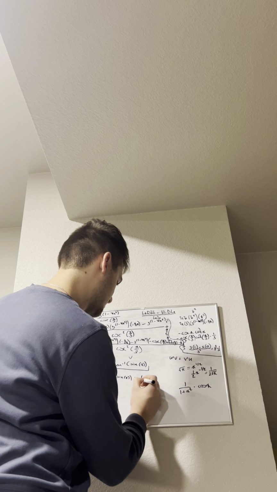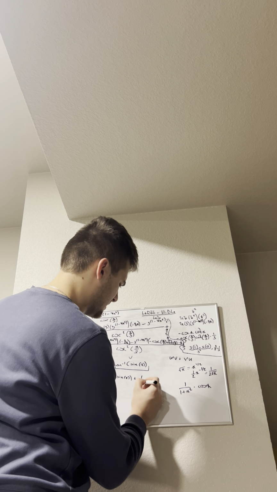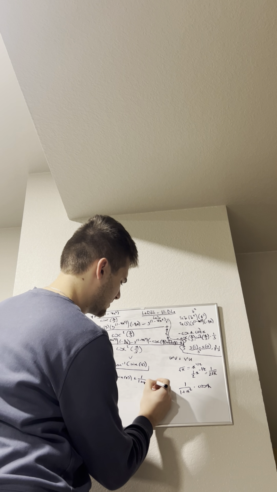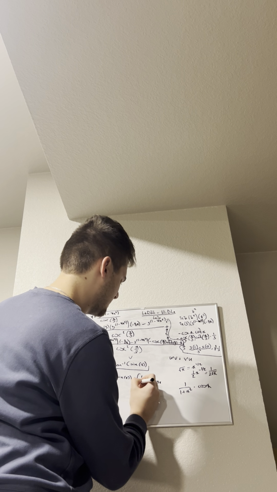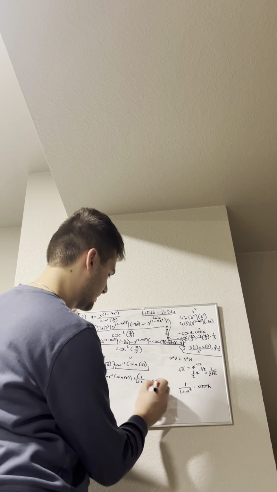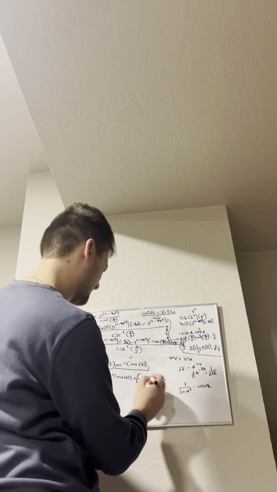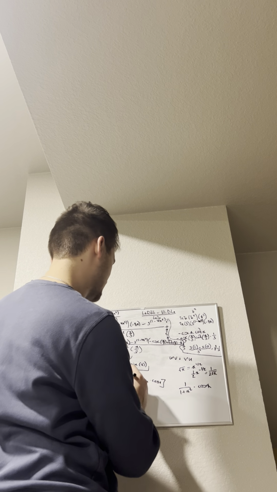So you would just do 1 over 1 plus x squared times cosine of x. I would probably write big parentheses around them to differentiate which terms are which.